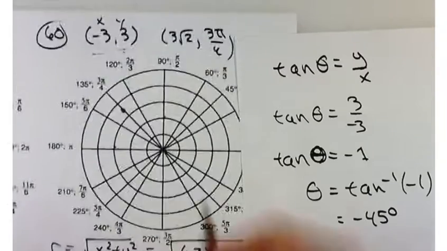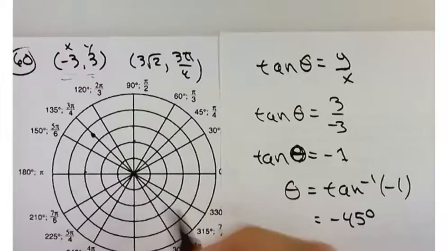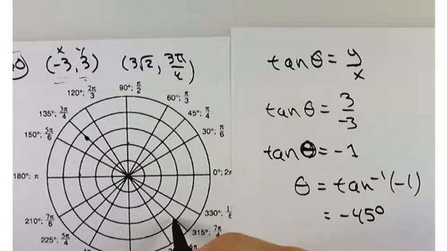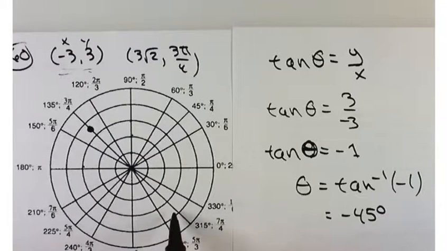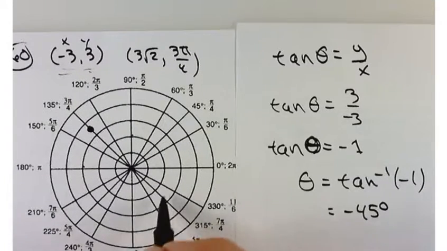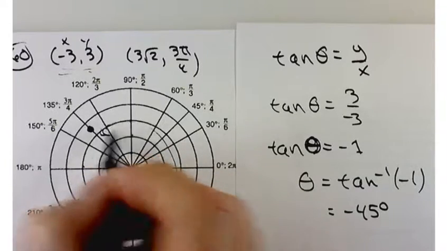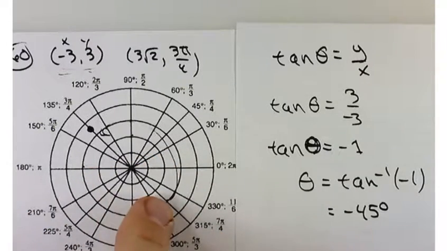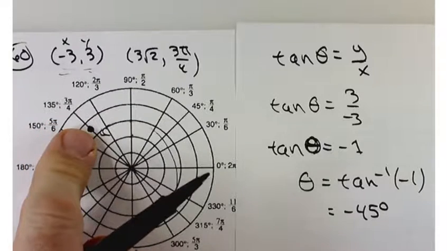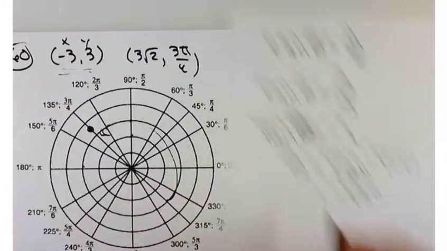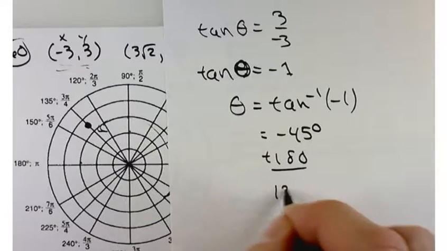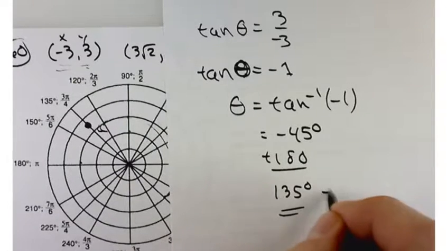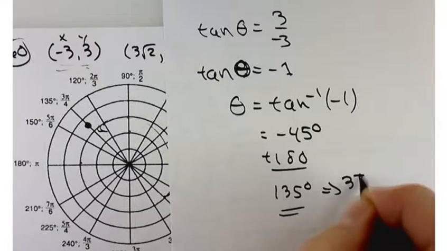But should our angle be negative 45 degrees? Take a look at where your point is. Your point's up here someplace. So the negative 45 degrees gives us a starting point. Really, we've got to end up over here. So another angle that has the same tangent would be 180 degrees away. That is 135 degrees, or better yet, 3 pi over 4.